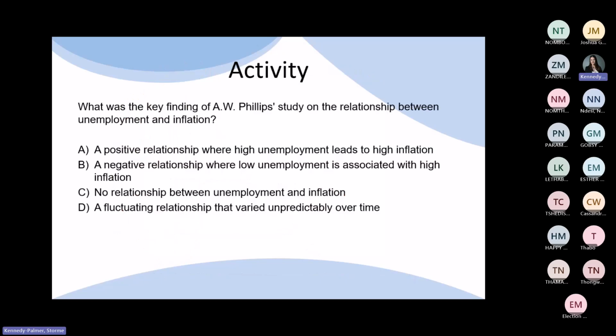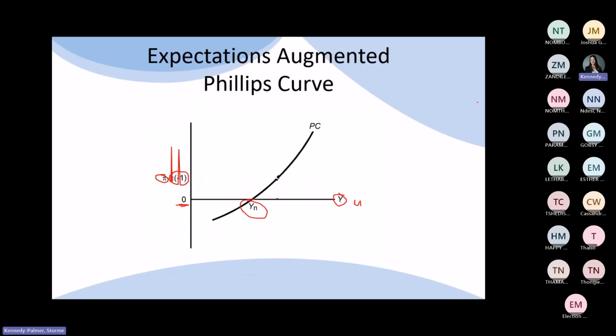And that's what brings us to the expectations augmented Phillips curve, because it is the change in the inflation rate that workers and price setters take into account.